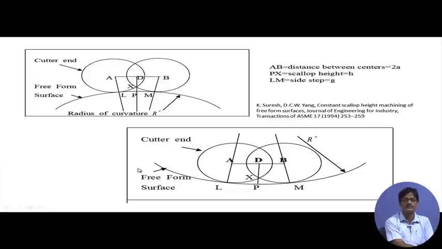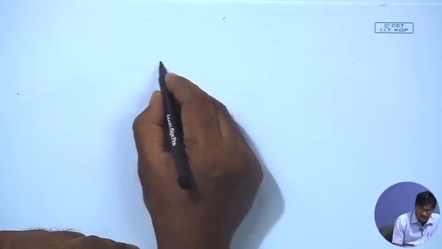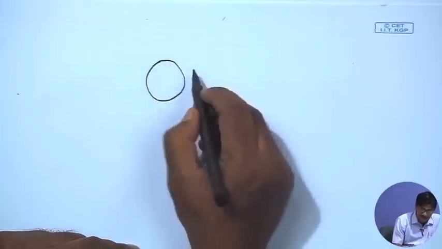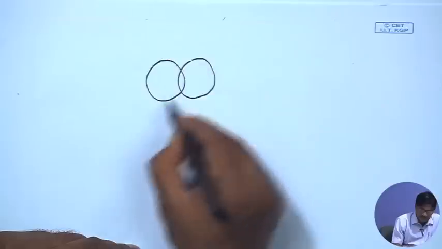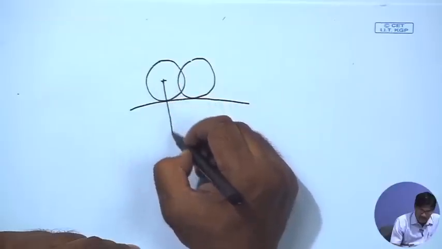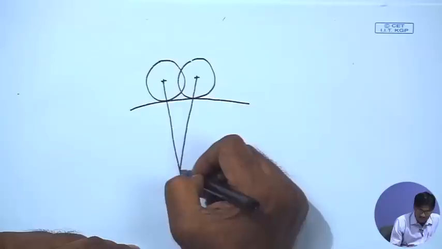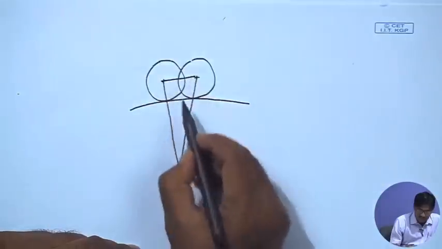This we have written down later on, or we can quickly write it down here on paper. That is, if we have two positions of the cutter here and if this be the surface, this be the first line, I mean the normals containing the radius of curvatures.